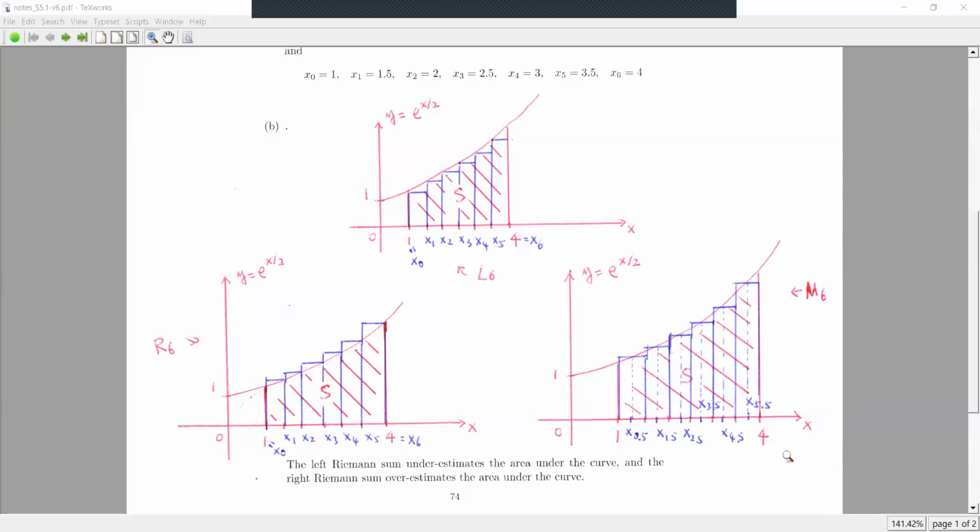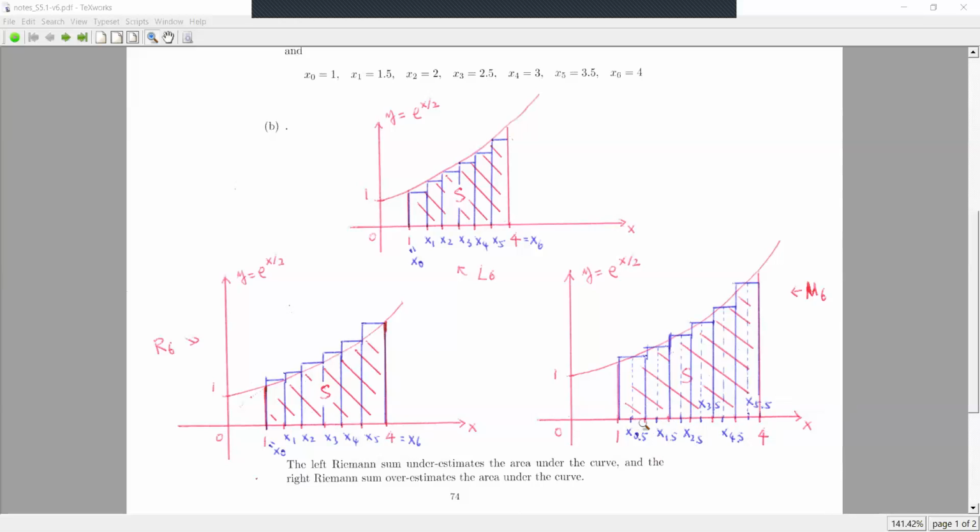Now, the third figure is about midpoint Riemann sum. Cut interval 1, 4 into 6 subintervals, build rectangles. Over the first subinterval, I pick the midpoint.